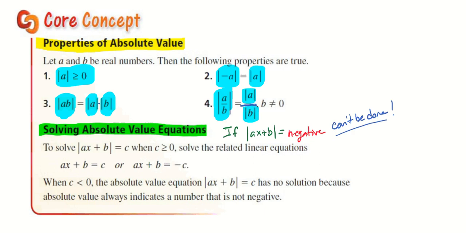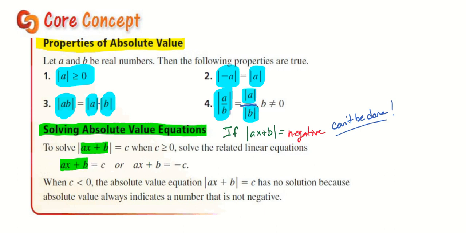Now, when we go to solve, what we're going to do is take that ax plus b and set it equal to a positive c. Let's look at that a little bit differently.